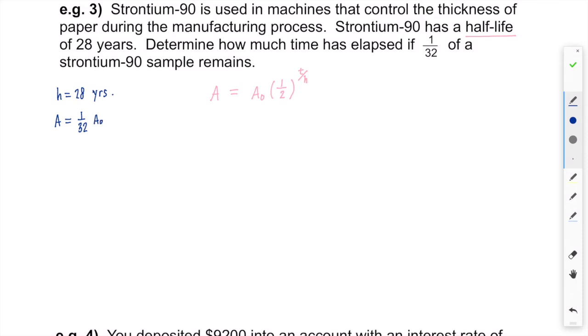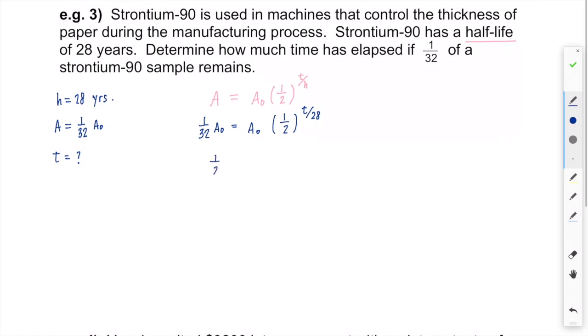Now by writing it in this form, we don't really care how much A naught is. And we are looking for time, t. So let's substitute these numbers into the formula. 1/32 A naught equals A naught times (1/2)^(t/28). We know that A naught will cancel out, and 1/32 is a power of 1/2, so that's convenient.